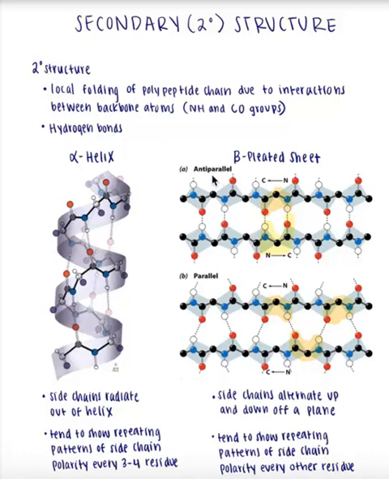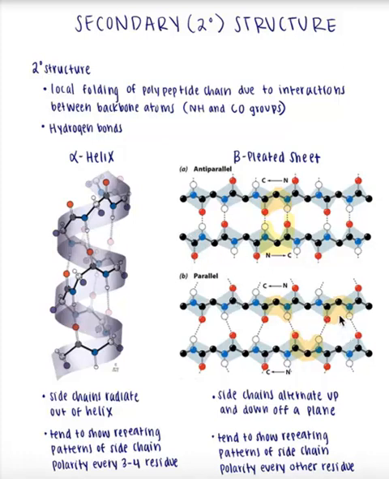There's the anti-parallel and parallel, and that has to do with the direction that the rows within the sheet are moving. In anti-parallel, they're going in opposite directions. So you can see this first one would be from the N to the C, and then the next one goes the opposite way: N would start on the left and go to the C on the right.